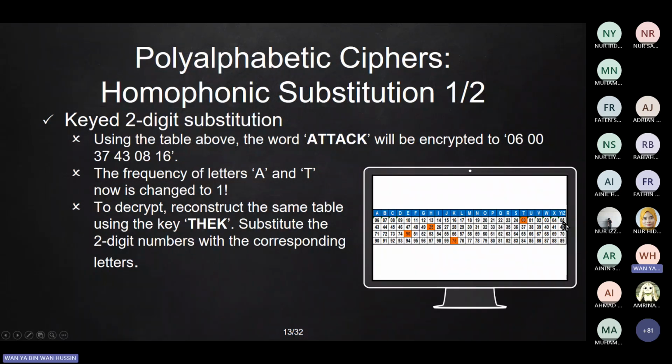So here you will continue at A. Once you reach Z, or Y or Z in this example, you will continue with A. These are the techniques in two-digit substitution cipher.